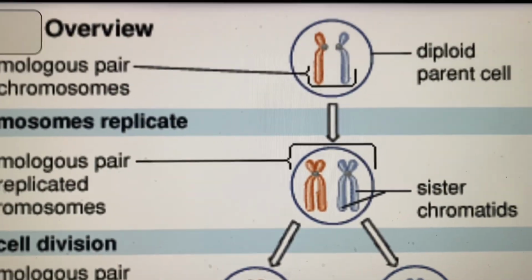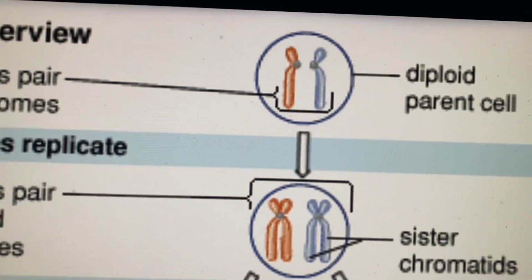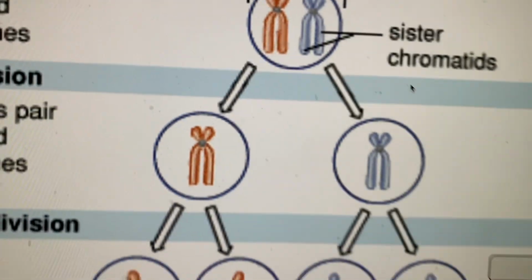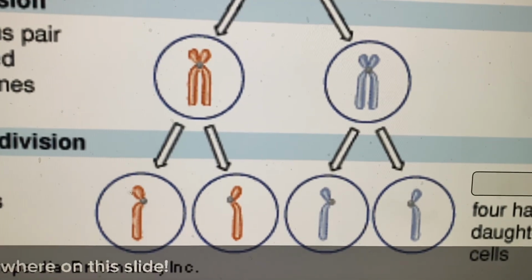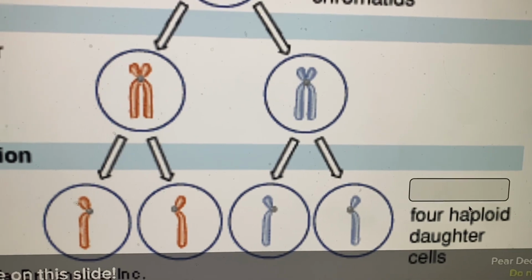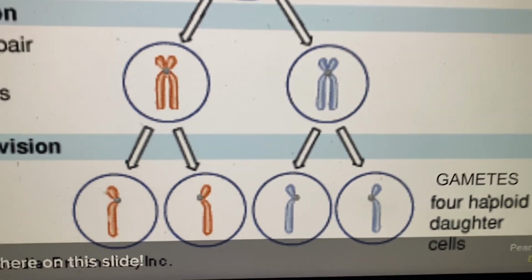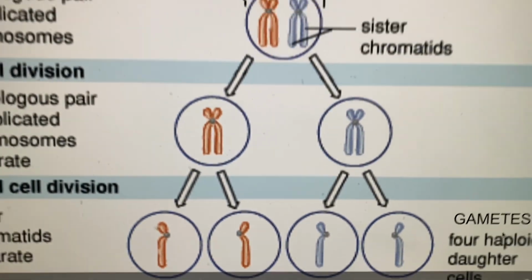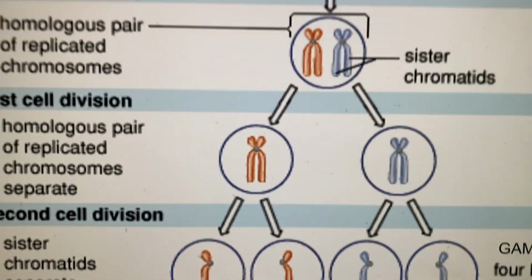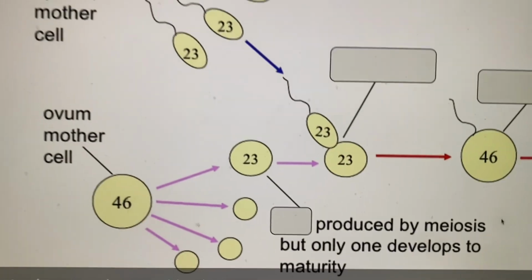You have a full set of chromosomes, which is copied once, split twice, and you wind up with 4 half sets of chromosomes, or what we call haploid chromosomes. Right? And those haploid cells we know as gametes. And inside the gametes is one copy of each set of chromosomes, right?